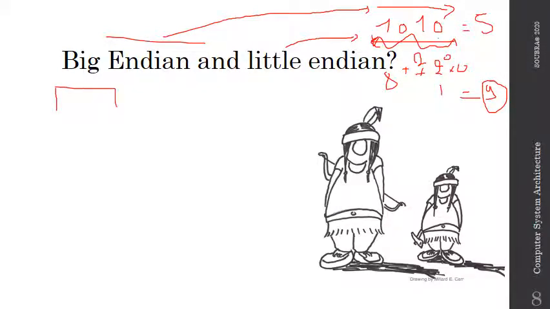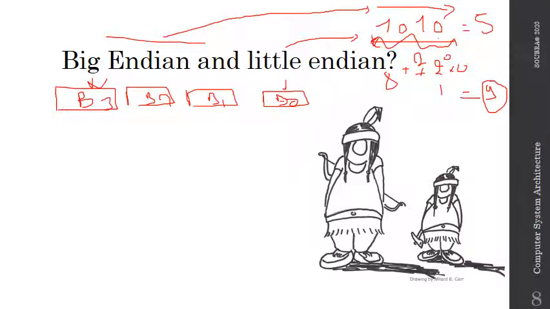So if we have a bunch of bytes that correspond to some number, and we're reading it the normal way that you've learned, this should be the smallest byte, the least significant, then a little bit more significant, a little bit more significant, and then the most significant one would be that one. And this is the normal direction that you read them. And this is little endian.